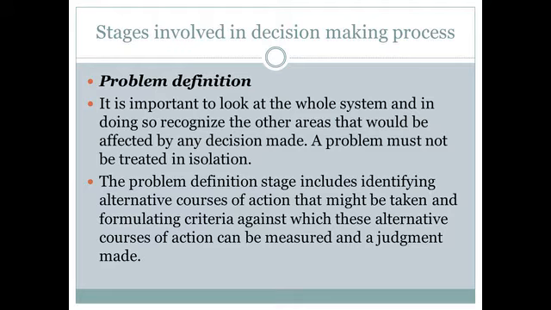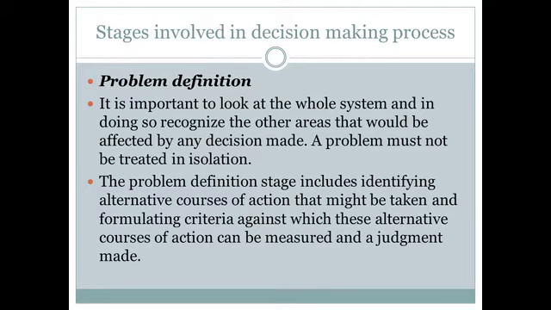It means we have to see whether the decision we make because of this problem will have an effect on other projects and other things as well. So we have to take everything into account. It is important to look at the whole system, and in doing so recognize the other areas that would be affected by any decision made.